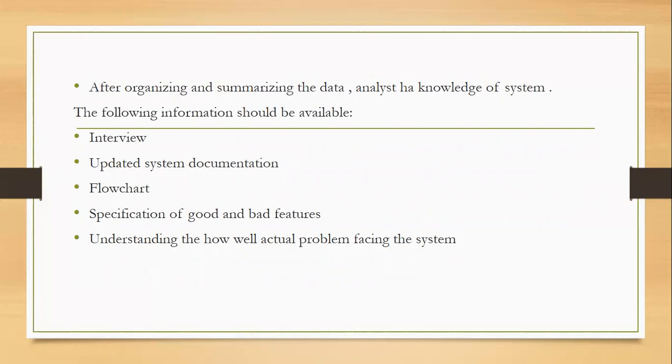With the help of an interview, we can find out whether the system is done in a proper manner or not, in a structured or unstructured manner both. Next is updating system documentation, because the new proposed solution must be mentioned in the updated one. With the help of a flowchart, we can correlate all the modules with each other so that we know the actual modified version of the existing one.